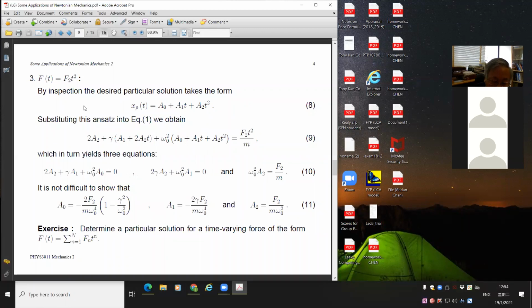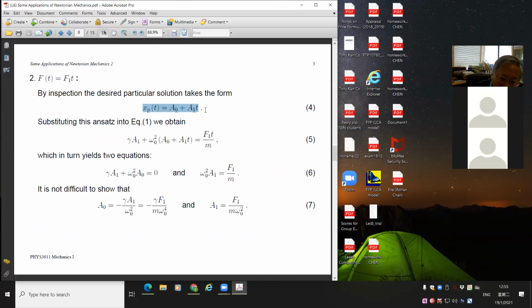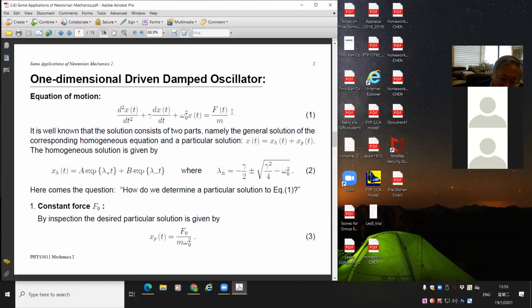How about quadratic? Then by the same token, we have to require the particular solution to be a general quadratic function of t, and then we substitute it into equation 1, the damped simple harmonic oscillator equation.